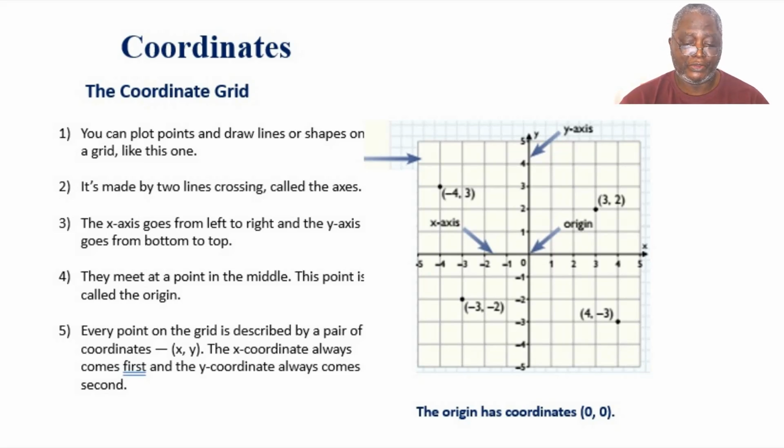We usually say x before y, enter before going upstairs. Every point on the grid is described by a pair of coordinates, x by y. The x coordinate always comes first and the y coordinate always comes second. So you enter before you go upstairs.